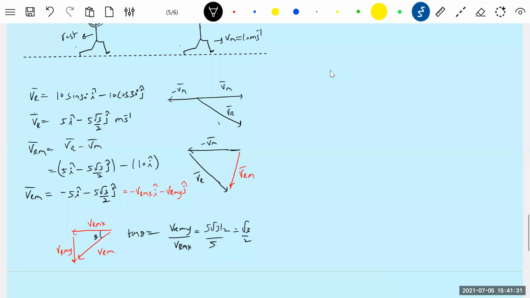Okay, I'll change it. Yeah, fine. Okay, tan theta is root 3, so it will be 60 degrees.